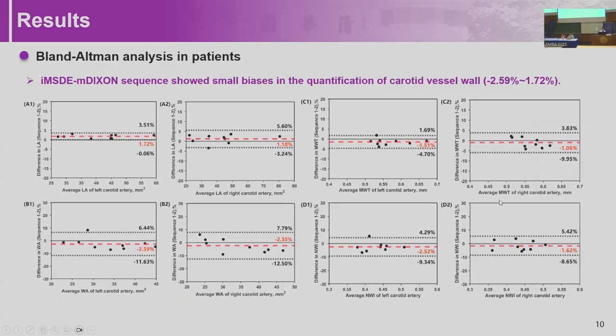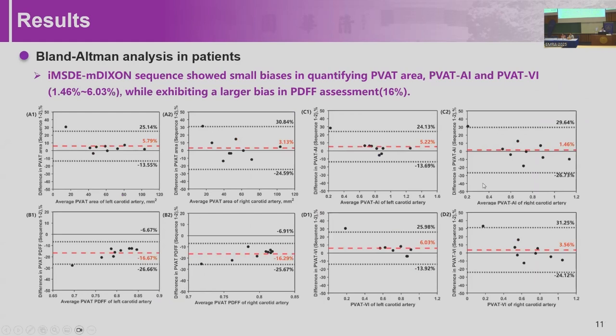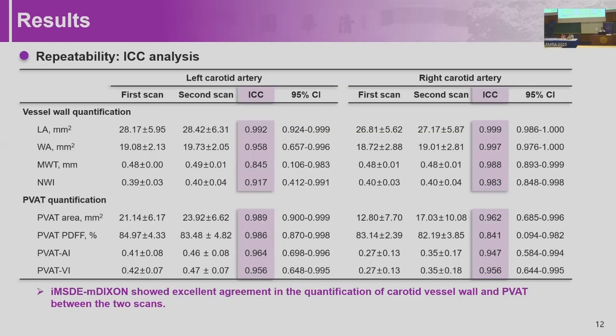The Bland-Altman analysis showed that our new sequence showed small biases in the quantification of all carotid vessel wall measurements, as well as PVAT area, area index, and volume index. However, it showed a larger bias in PDFF assessment. The repeatability analysis showed that our new sequence showed excellent agreement in the quantification of carotid vessel wall and PVAT between the two scans.